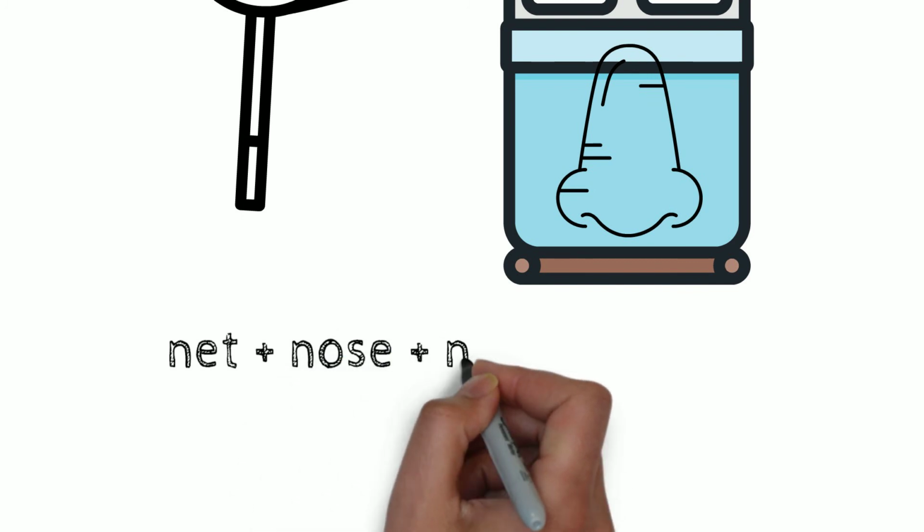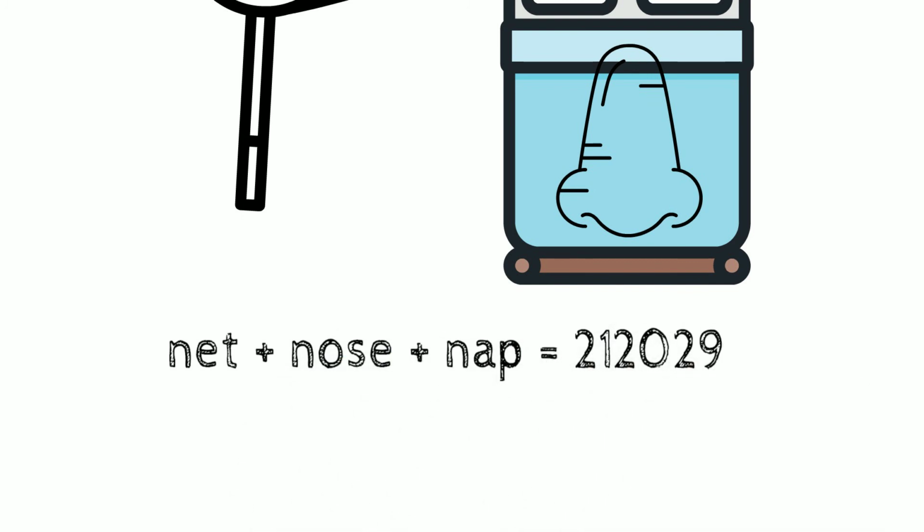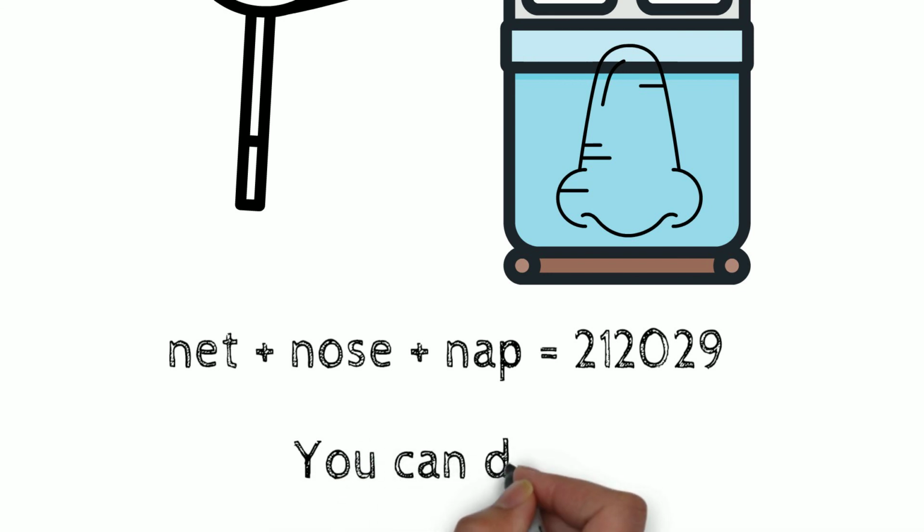So when you combine net, nose, and nap from the story, you get 212,029. You don't even need to remember the number, just the peg words themselves. Now you try it. Use your own imagination to memorize this number. You can do it.